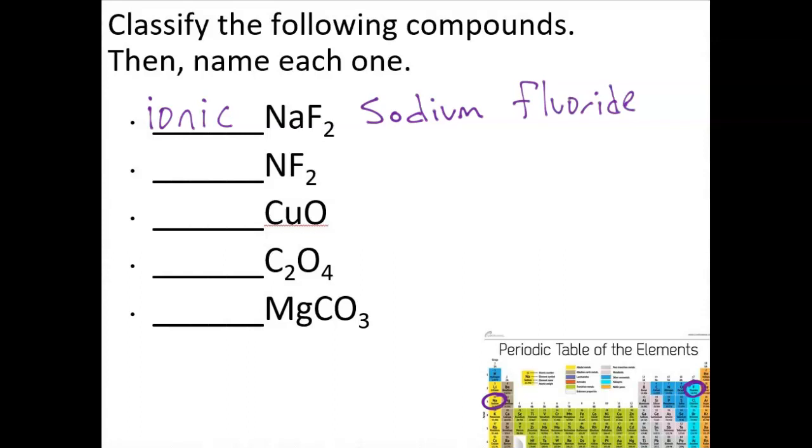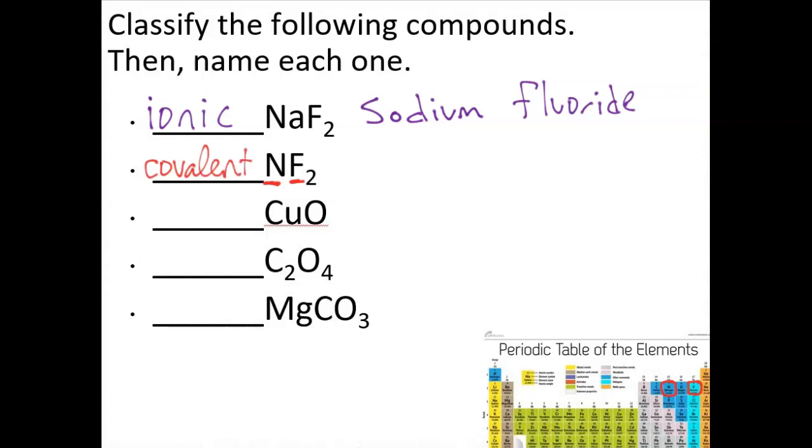All right, my next question is NF2. For NF2, I've got N and F. Let's find those on this periodic table. N's way over here, it's a nonmetal. F is way over there, it's a nonmetal. If I've got two or more nonmetals, it's covalent, and I do need prefixes.